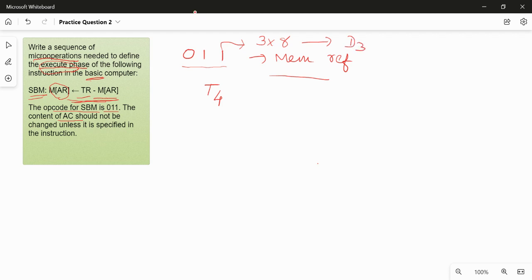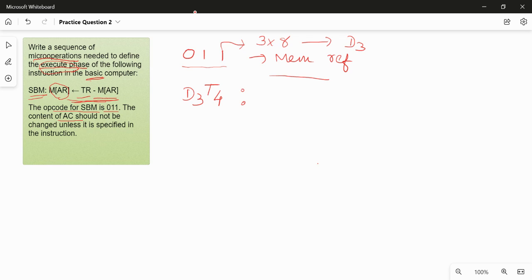That means the D3 output pin will have a 1 and the rest of the outputs of the decoder will have zeros. So D3 can be used to form control functions for this instruction. So D3 T4 would be the first control function for the first micro operation for the execute phase.